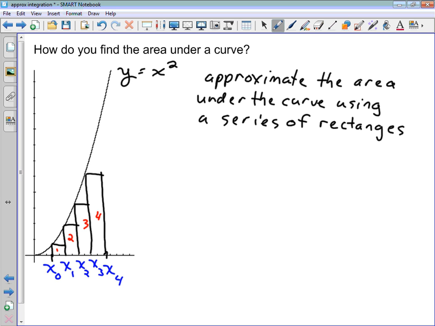And the rectangles that I've drawn here are what we would call left endpoint rectangles.